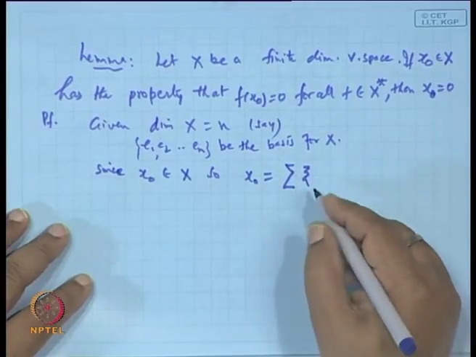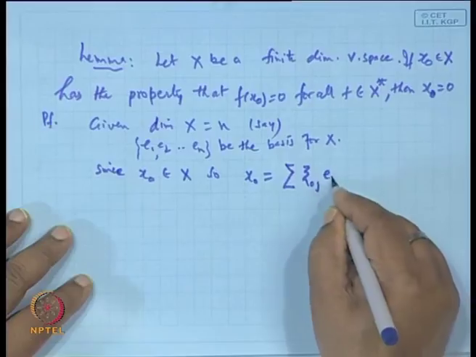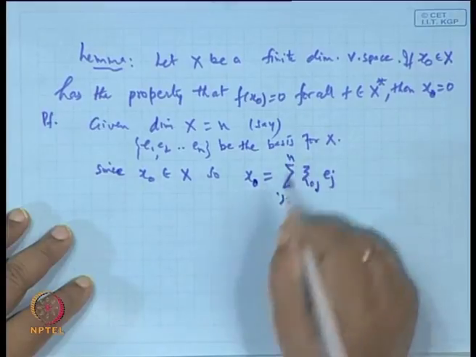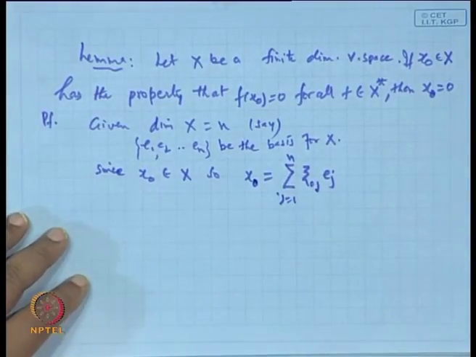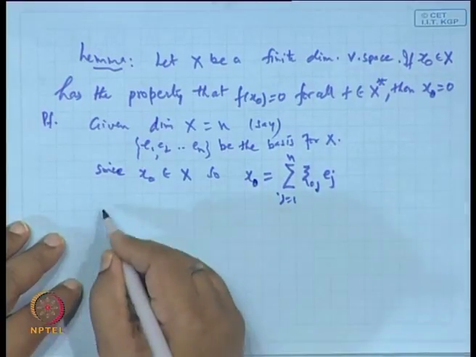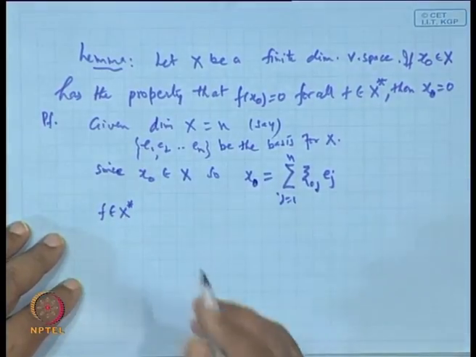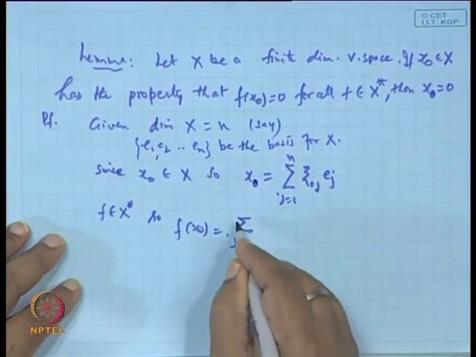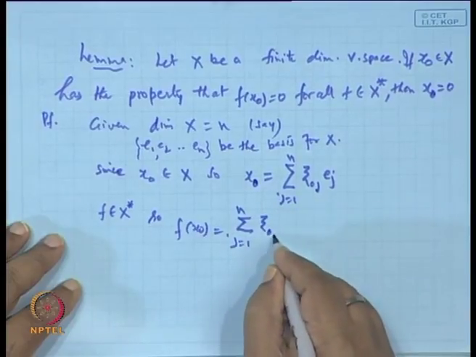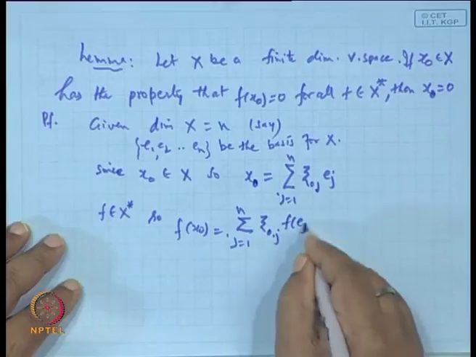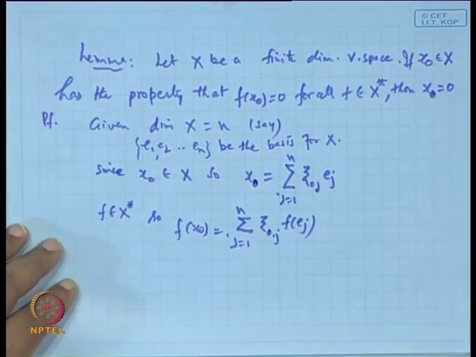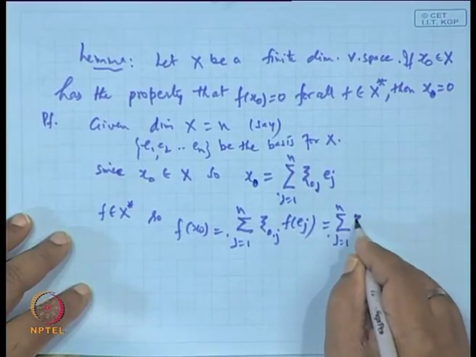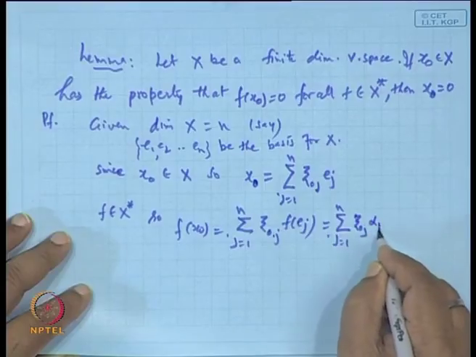So, we can write it as sigma xi naught j e j, j equal to 1 to n. Okay. Now, f is a linear functional, f belongs to x star. So, f of x naught will be equal to sigma j equal to 1 to n xi naught j and f of e j, but f of e j is alpha j, which gives sigma j equal to 1 to n xi naught j and alpha j.